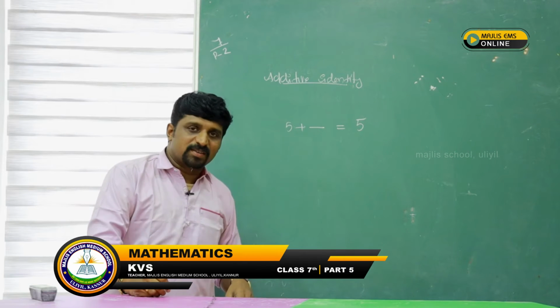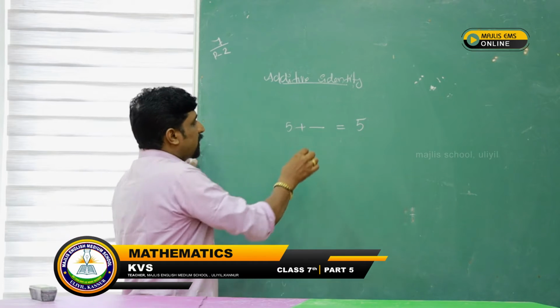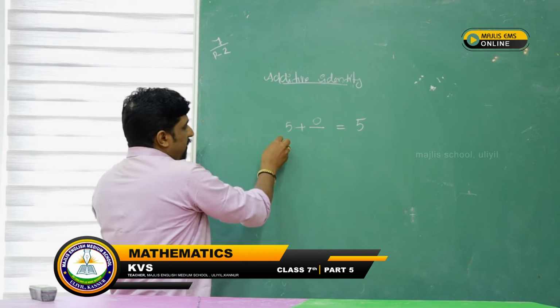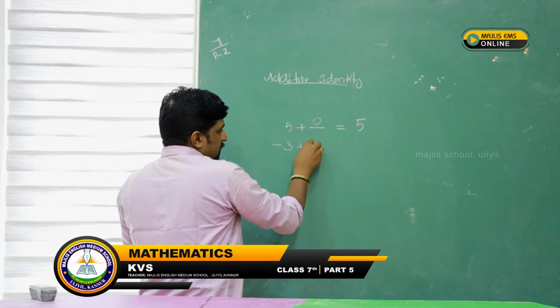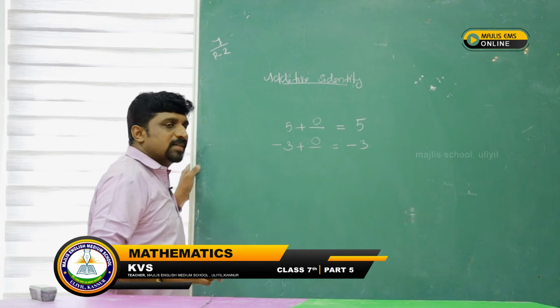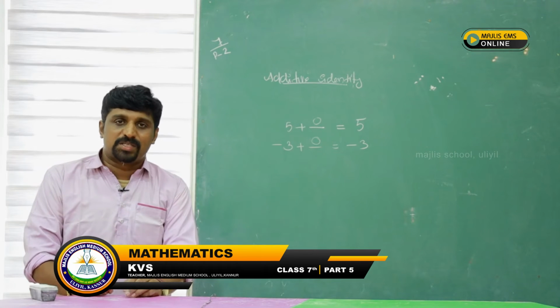What is the possible value here? That already you know, yes, 0 is possible. When we add 0, 5 plus 0 is equal to 5. Same way, minus 3 plus dash equal to minus 3. What is the possible value? Here again 0. Therefore 0 is known as additive identity.